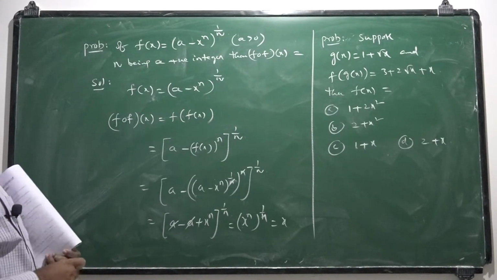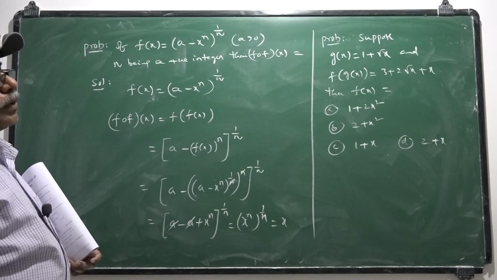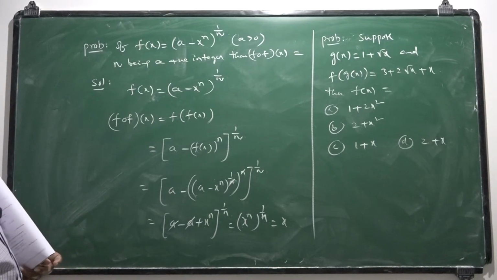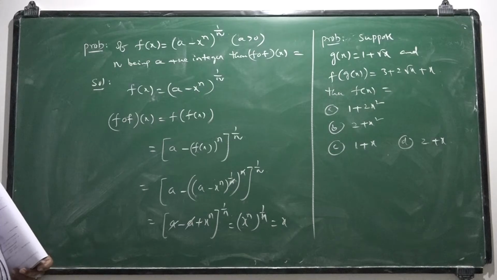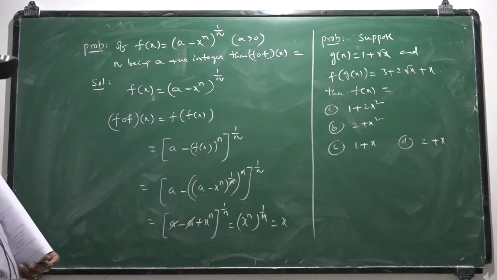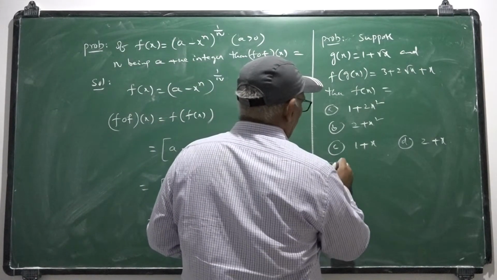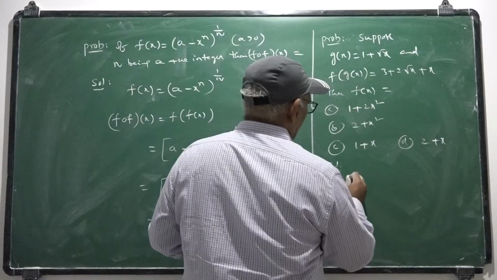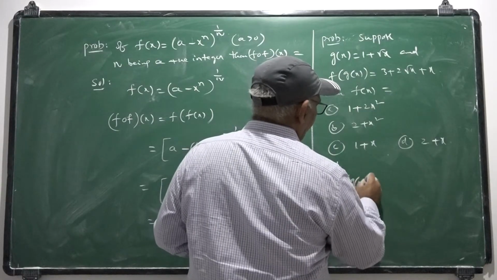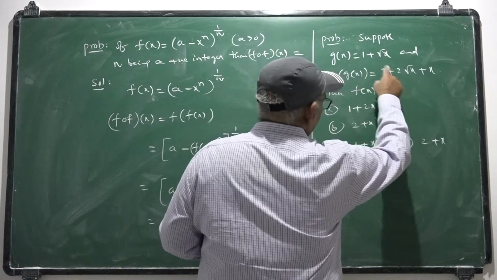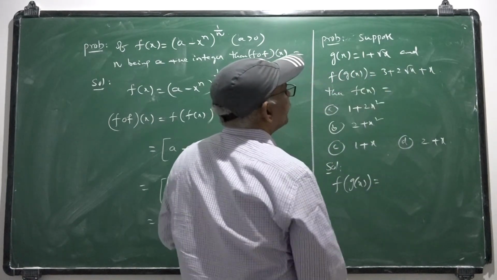F of g of x is 3 plus 2 root x plus x, then find the f(x) value. Given f of g of x, write this function in terms of g(x).